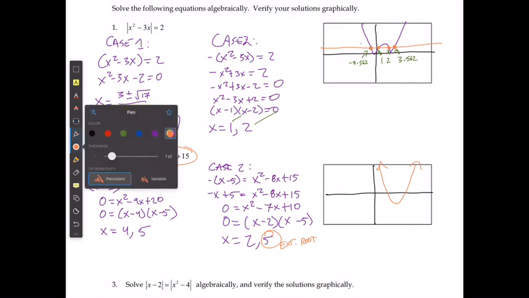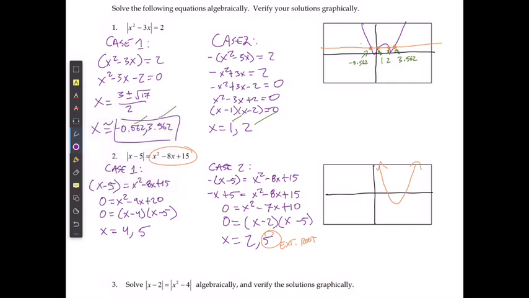I have my absolute value function on the left-hand side is going to look something like this. And then I can see that it has 2 points where it crosses.